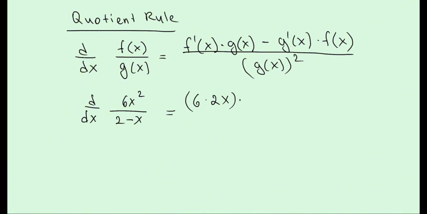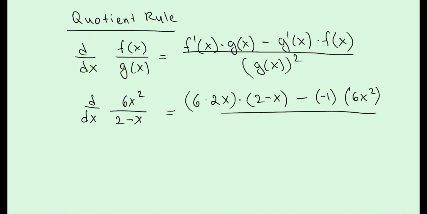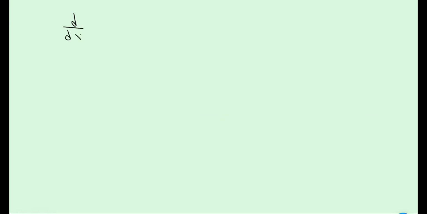Now multiply by g of x, which is 2 minus x, minus the derivative of g of x, which is going to be 0 minus 1, so it's going to be negative 1, times f of x, which is 6x squared, over g of x squared, 2 minus x squared. The rest is algebra.